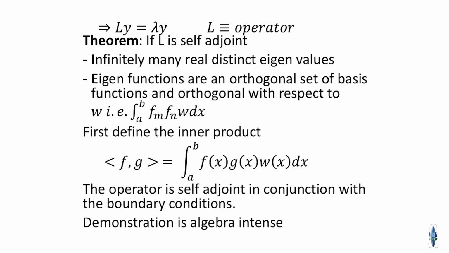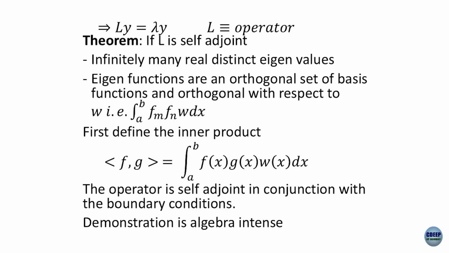The inner product, therefore, is going to be defined as the integral of f(x) g(x) w(x) dx. The w in the past, when we were using the Fourier series, was equal to 1. Now that guy raises its head, and you have the inner product as f(x) g(x) w(x) dx.